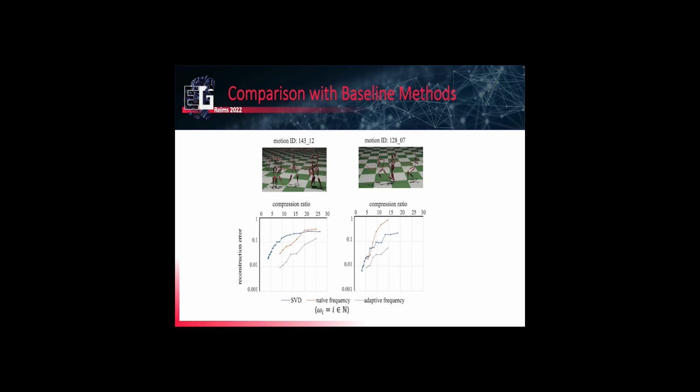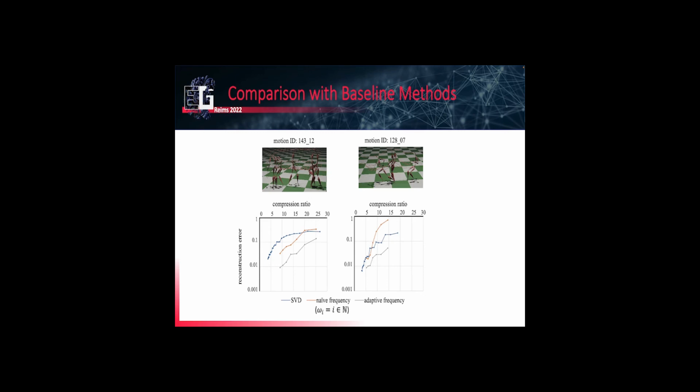Next, we compare our method to two baseline approaches, which are SVD and naive choice of Fourier feature frequencies. The naive choice of Fourier feature frequencies uses consecutive integers 1, 2, 3, 4, and so on as frequencies.